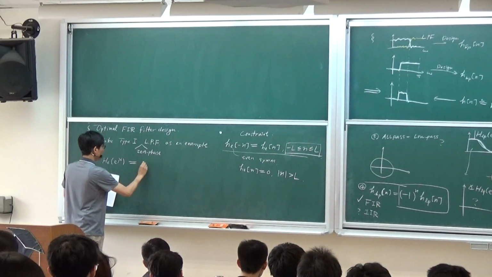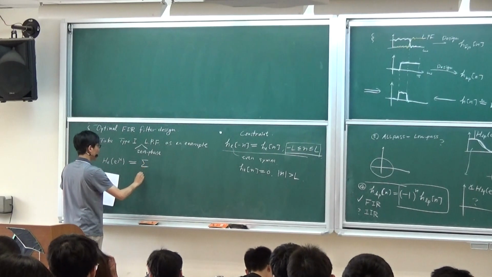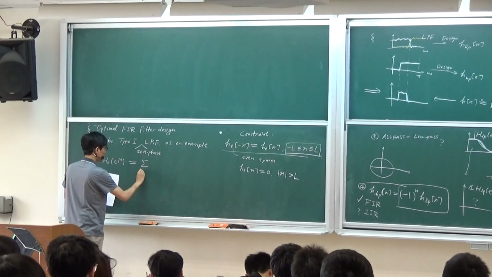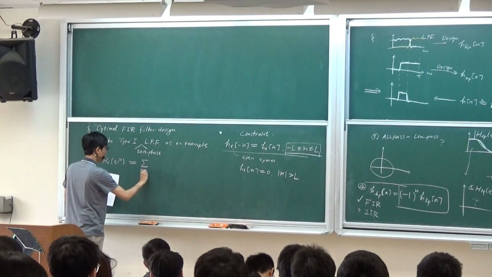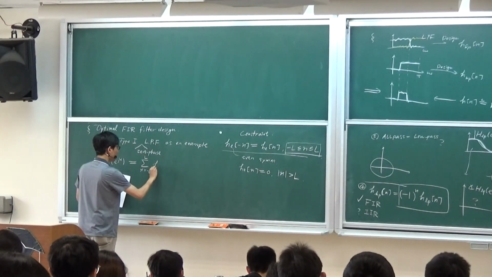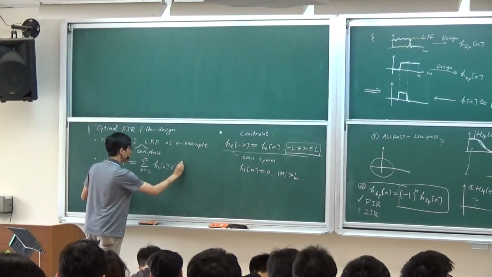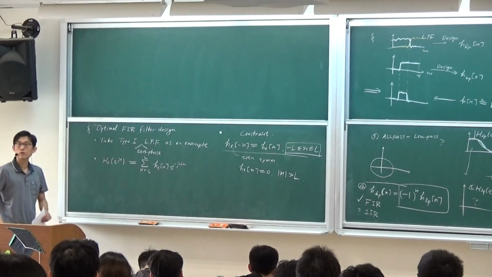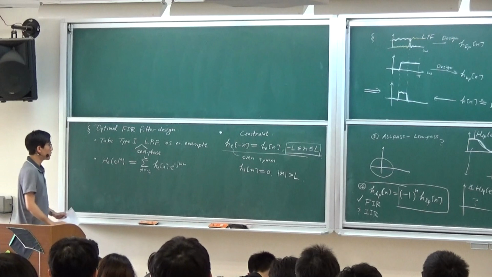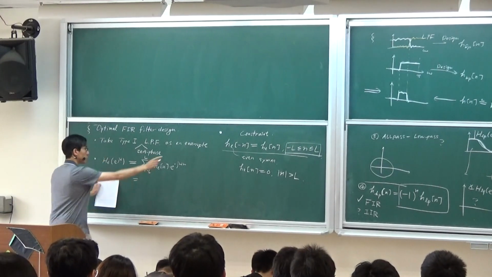Why? Because the frequency response here is going to be, according to the definition of DTFT, take it slowly, sum of h_e[n] e^{-jωn}, the same old definition of DTFT, right? I've shown that it should be real because of that symmetry.